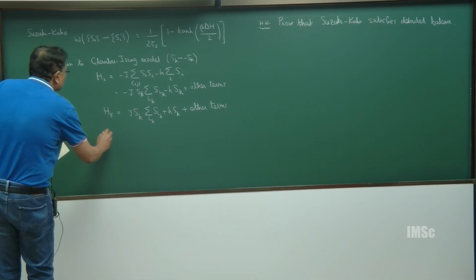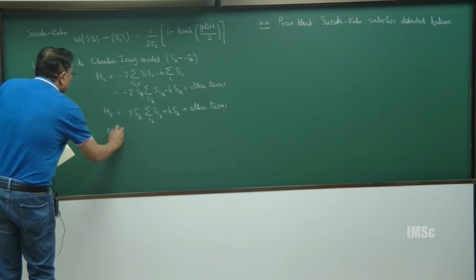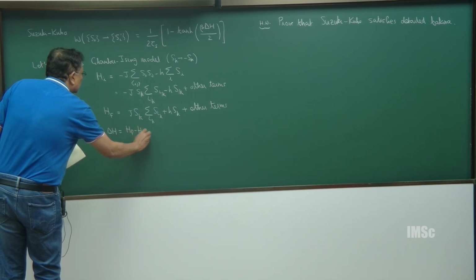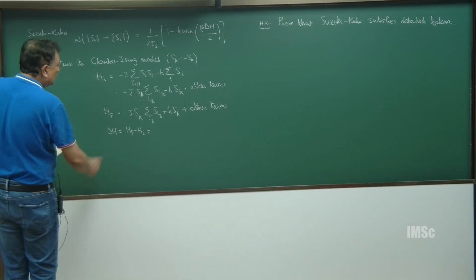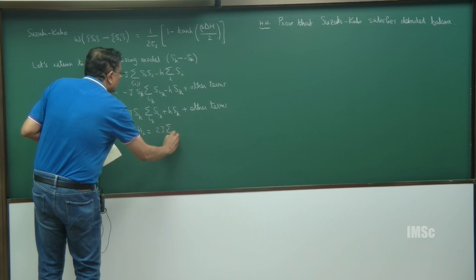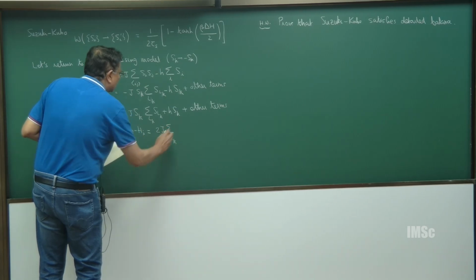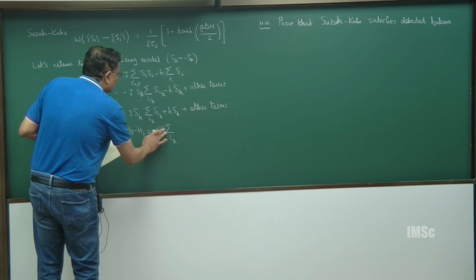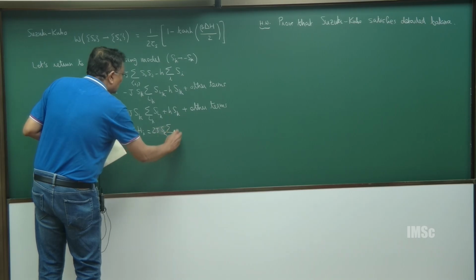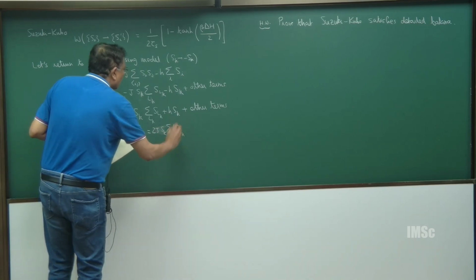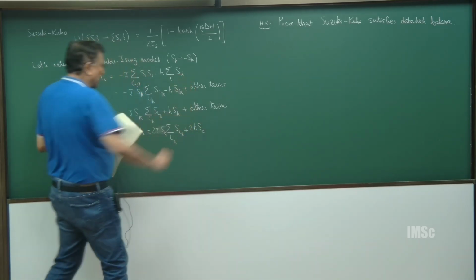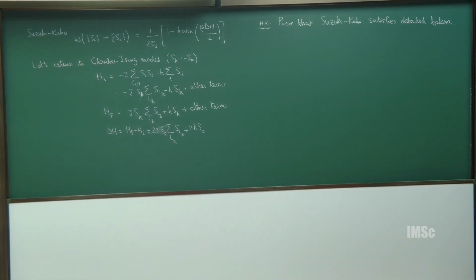The energy difference on this flip is simply delta H is equal to H final minus H initial. That's equal to, if you subtract these, 2J Sk sum over Lk of S_Lk plus 2H Sk, and all other terms cancel out because they are unchanged.